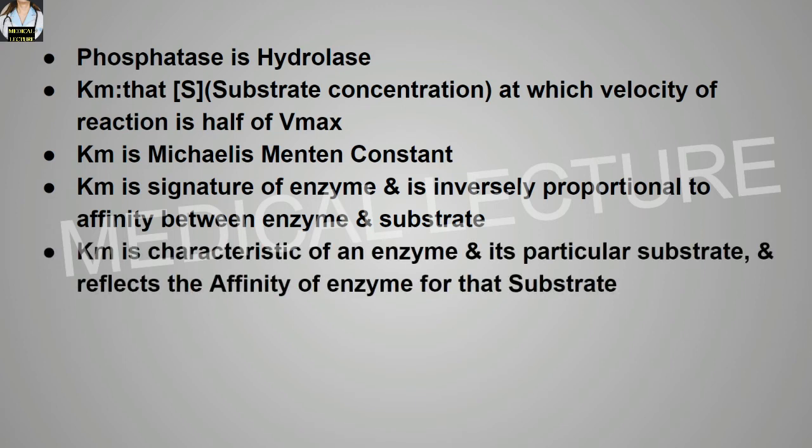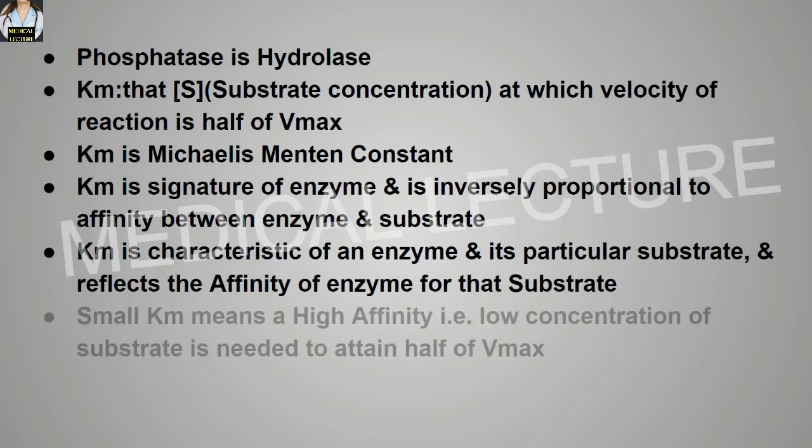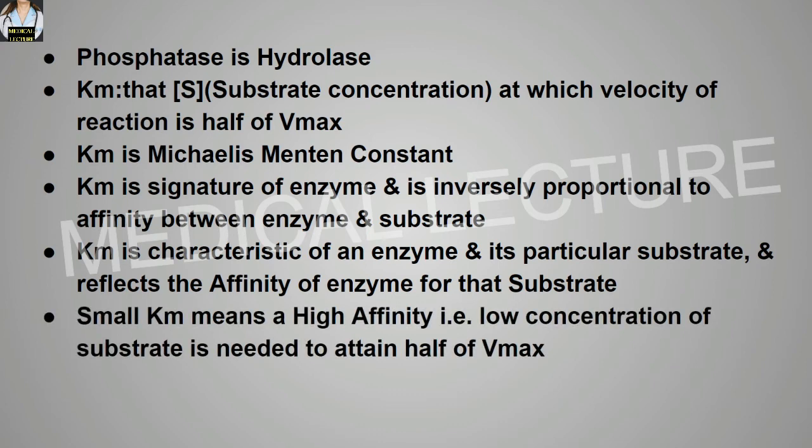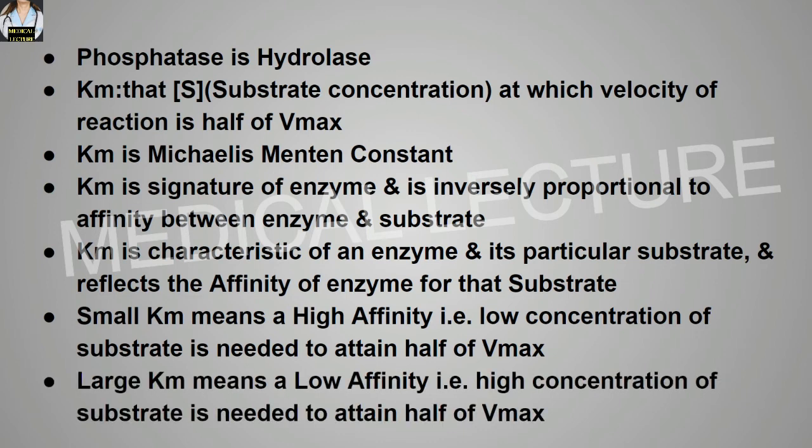It reflects the affinity of the enzyme for that substrate. Small Km means a high affinity, that is, a low concentration of the substrate is needed to attain half of the Vmax, while large Km means a low affinity, that is, a high concentration of the substrate is needed to attain half of the Vmax.